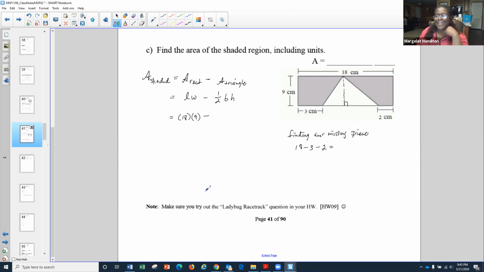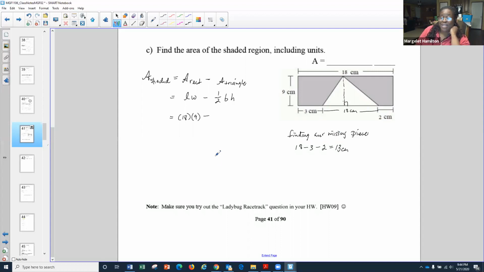So we have 18 minus 3. That's 17, 16, 15, minus 2, 14, 13. There you go. So we get 13 centimeters. So this part right here is 13 centimeters.